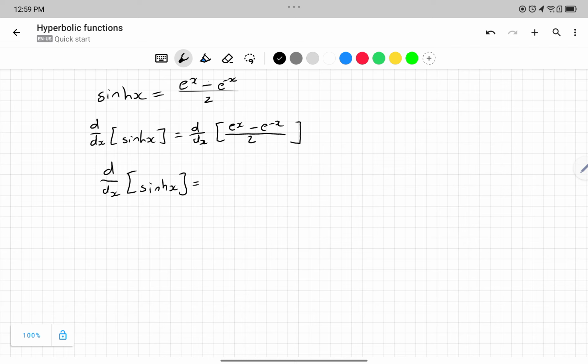Should we use the quotient rule? Is it going to be too much work? Should we just separate the terms and differentiate them bit by bit?